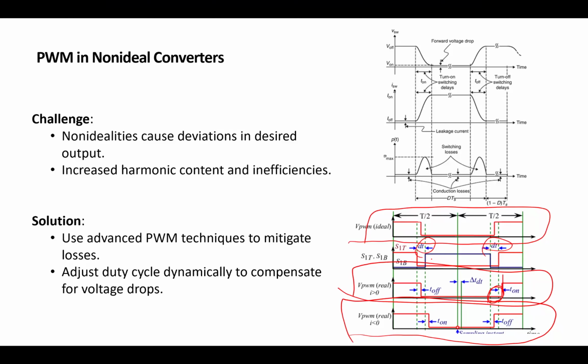We have to use a more advanced technique than just the two, like a reference minus carrier. There are more advanced techniques to create that output signal. Second, we have to make it dynamic. So the reference signal would change based on the output that you get. It's like a feedback. So we have to have a dynamic PWM.